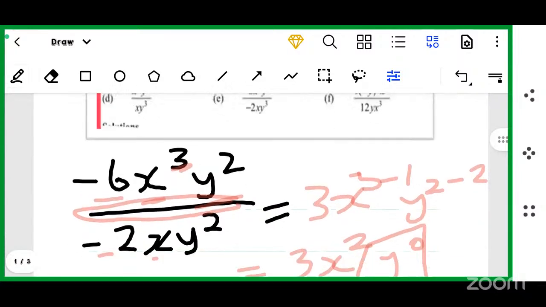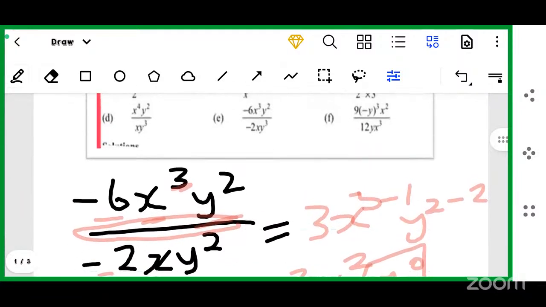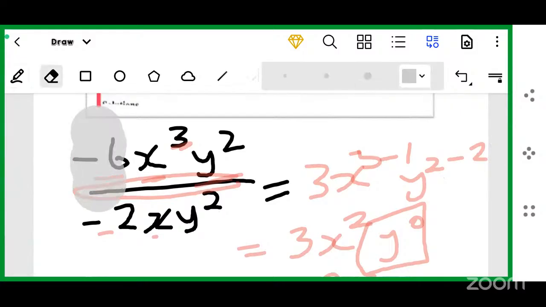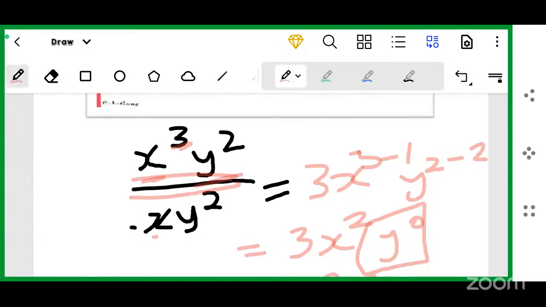So let me see. Do you want an example, or do you want another one to work on your side? You can give me one to solve. Okay, let me just think. So let's say 6 over 3, both negatives.